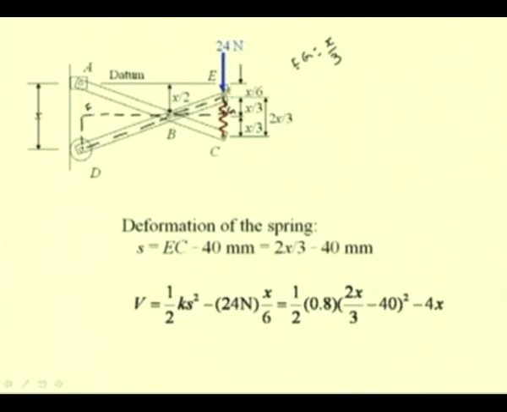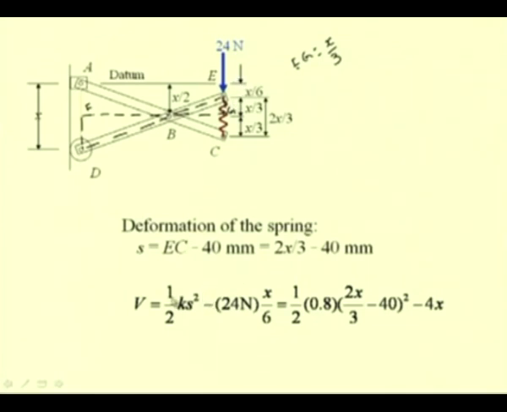Because this force, 24 Newton force, is always a vertical force, this can be considered as a conservative force, and we can associate a potential energy with this force also, which is given by force times the location of the force with respect to the datum, which is x by 6. Since this point E has moved down from the datum, the term is a negative term.